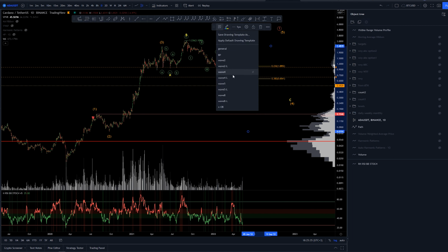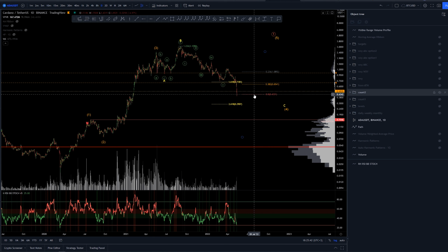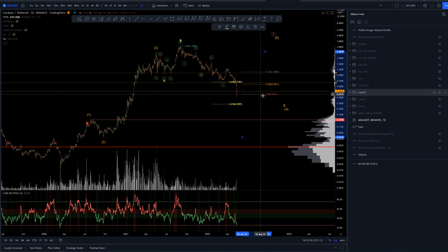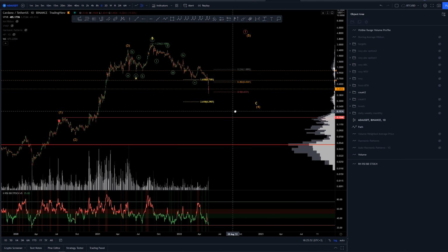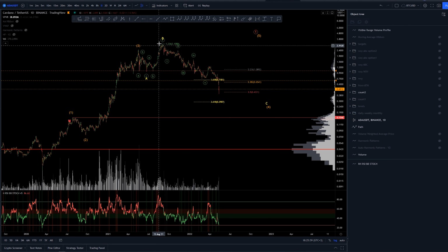Now I really don't like this wave 4 count, but I'm still going to keep it, mainly because it's already gone above the 50% retracement of the third wave. It usually does not do that, but again, invalidation is just here where the wave 1 high is, so it is still valid.